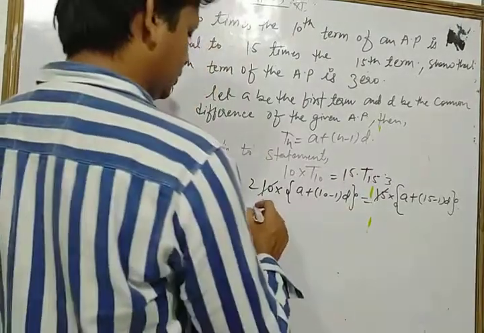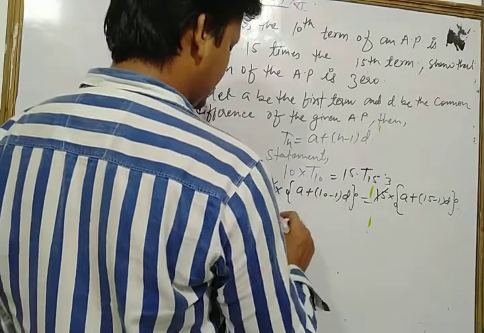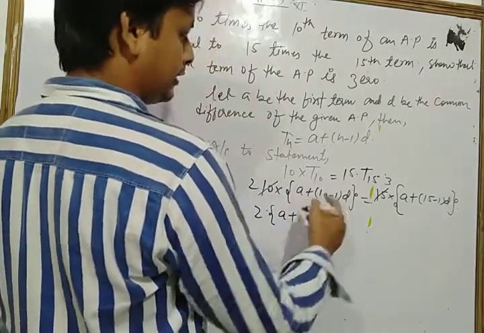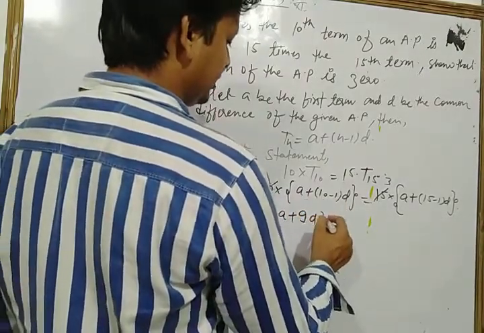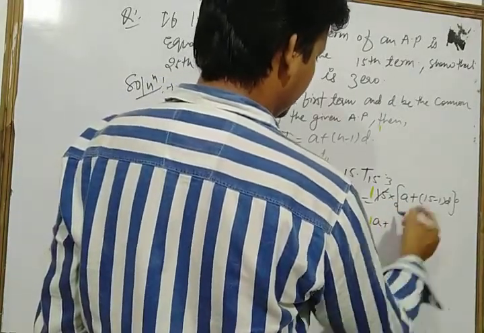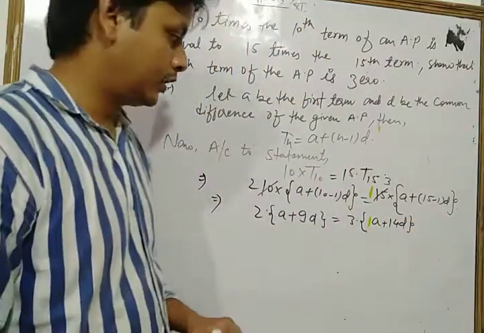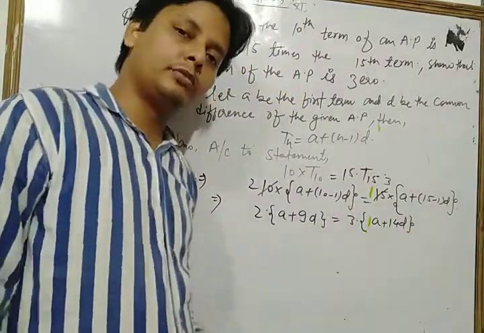So we have 2 into in bracket A plus 9D, same as here, 3 into in bracket A plus 14D.